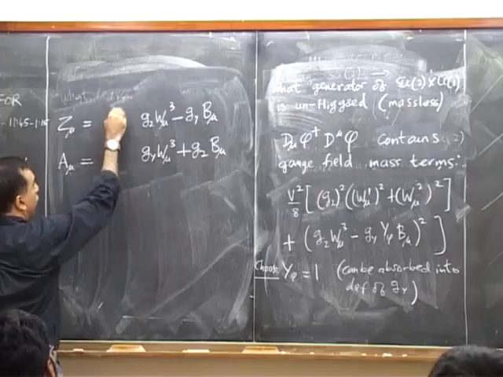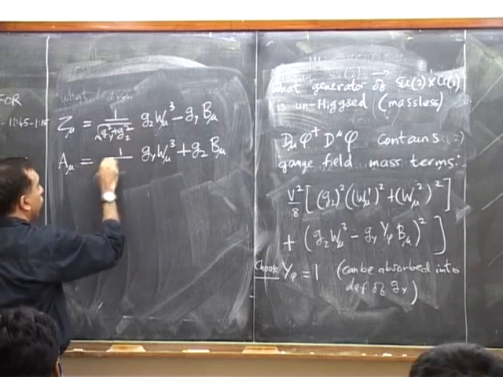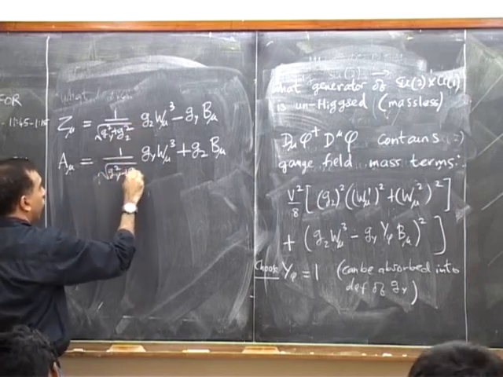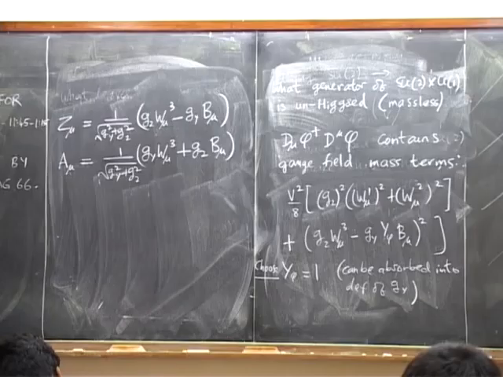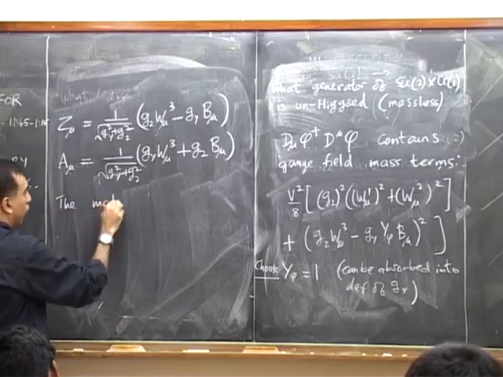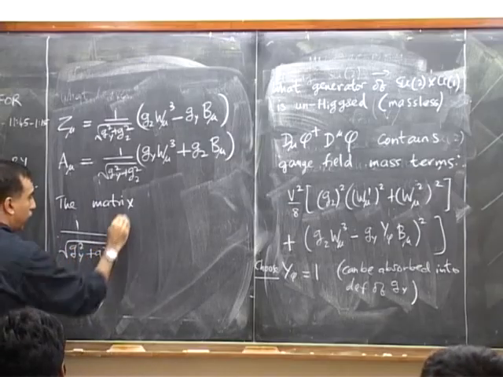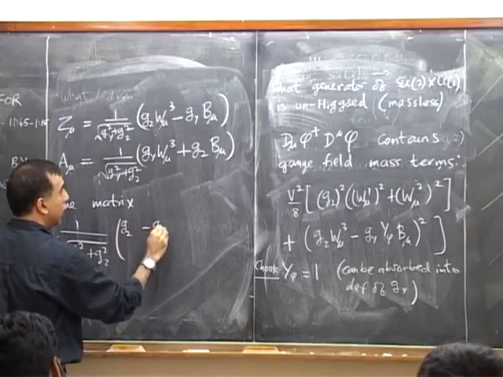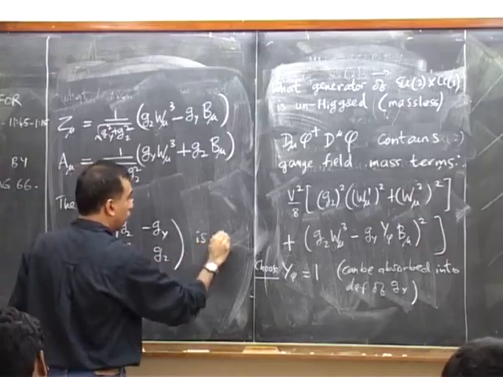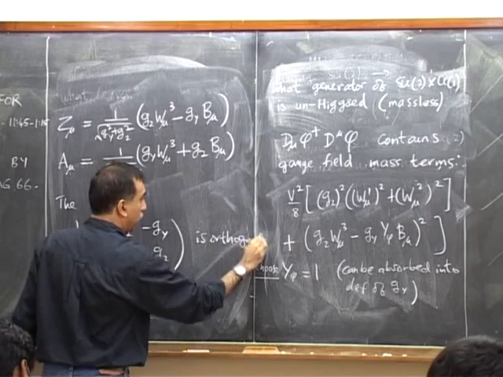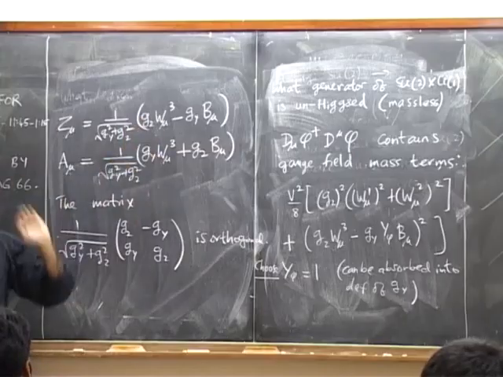And it's also clear that if I normalize both of them by the square root of g_Y squared plus g2 squared, then this is actually orthonormal, which means the matrix 1 over the square root of g_Y squared plus g2 squared times (g2, minus g_Y; g_Y, g2) is orthogonal. O transpose O is 1, and that's enough to guarantee that this is a legitimate change of variables from normalized fields to normalized fields.